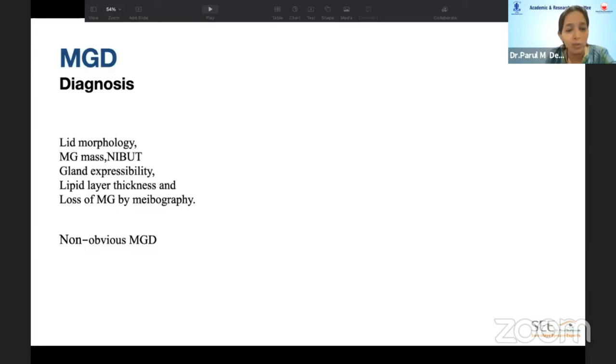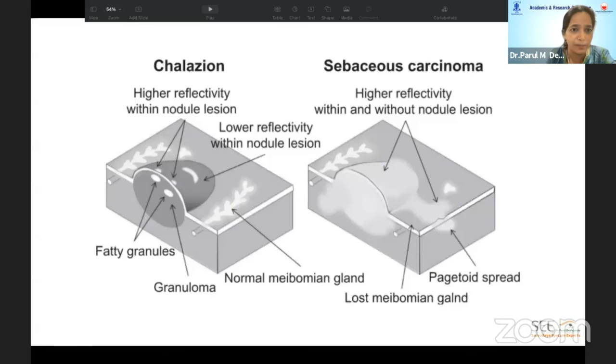The most important factor is the meibomian gland dropout. However, when you see a low meibomian gland dropout, this in combination with a poor tear breakup time, a poor gland expressibility, a poor lipid layer thickness can help us diagnose a meibomian gland disease.